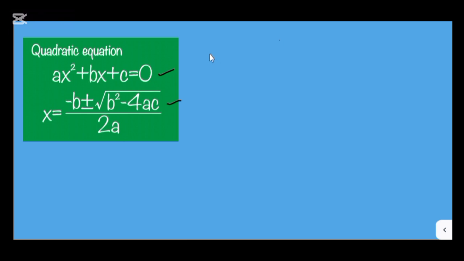Now let's start. The quadratic form is giving us ax squared plus bx plus c equals 0. Now let's divide all these by a. If you divide here by a, you divide here by a, you divide here by a, you divide here by a.